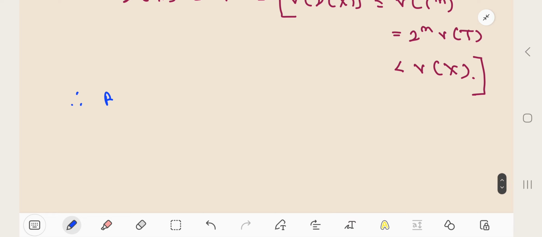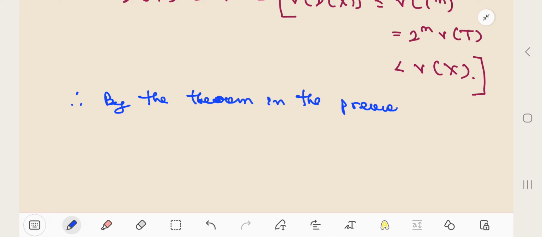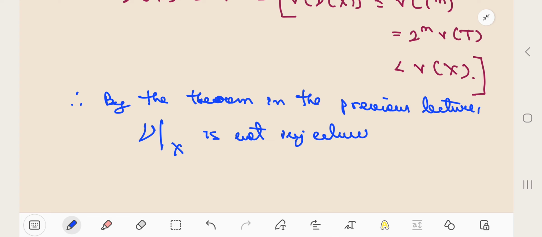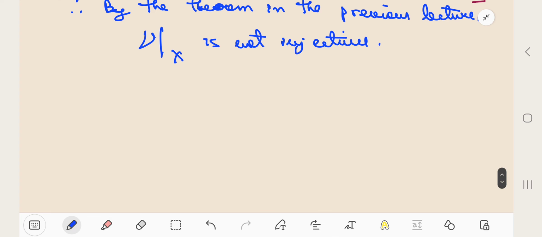Therefore, by the theorem in the previous lecture, gamma restricted to X is not injective. That means there exist two points x1 and x2 from X such that their images under the natural map are the same, but they are distinct.